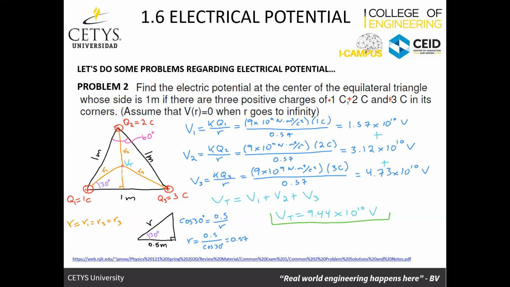Professor, I still can't understand why charge 2 has the same distance if the height should be higher than the 1 meter, right? Well, let me draw this here. Okay, so I already took a screenshot. Can I erase the rest of it? Is it okay?